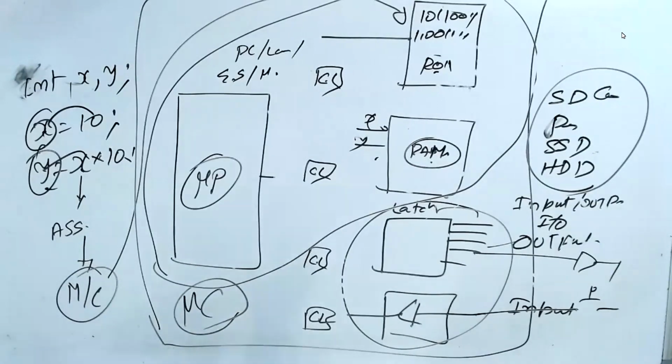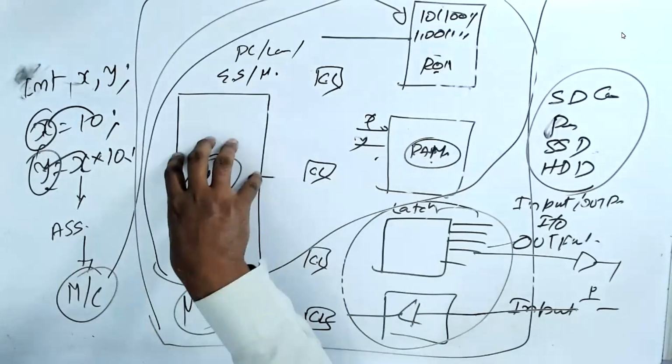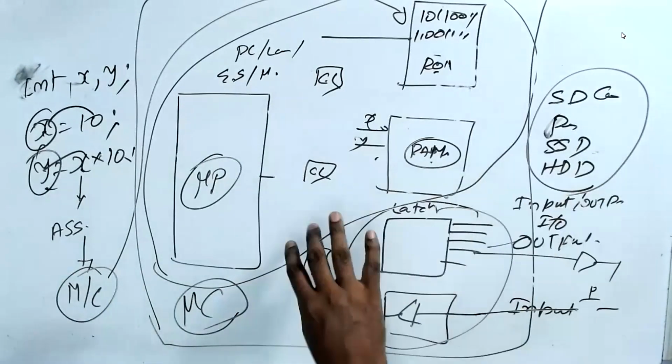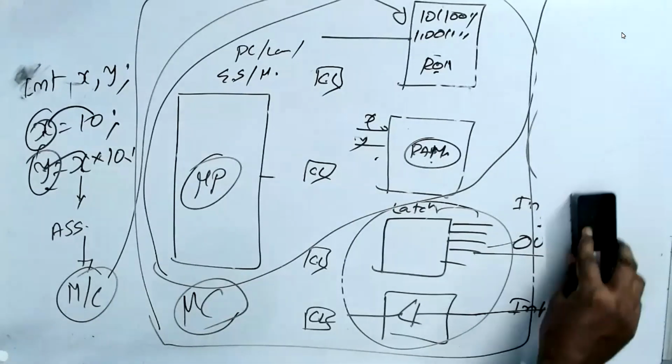Don't get confused. That permanent memory, we don't call memory. We call it storage. What we call memory is connected to the microprocessor directly. Those others go via controllers. We will discuss that in the controller session.